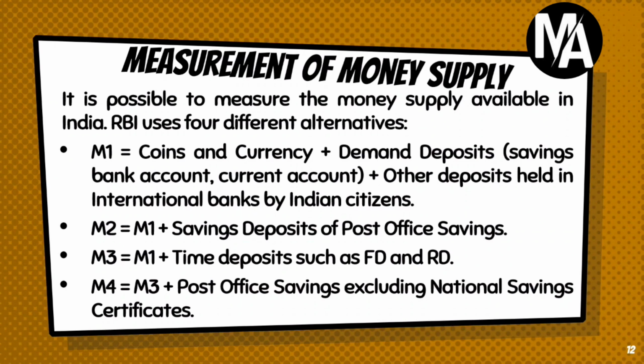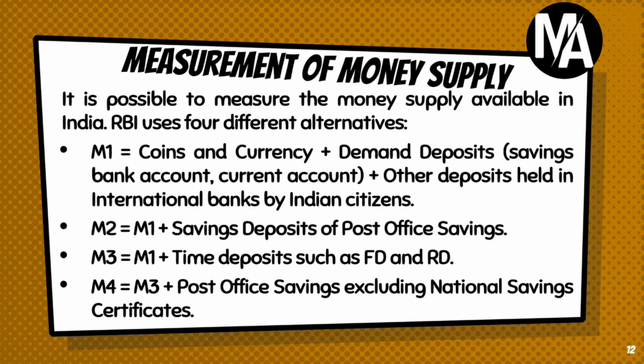M3 is the next alternative, which is basically M1 plus time deposits such as fixed deposits and recurring deposits. Now, fixed deposits and recurring deposits are money deposited by the public for a longer period of time. For example, 1 year, 2 years, 3 years, 4 years, 5 years, and so on. Which means you cannot touch that money or withdraw that money until the period has been completed or the maturity of the deposit has been completed.